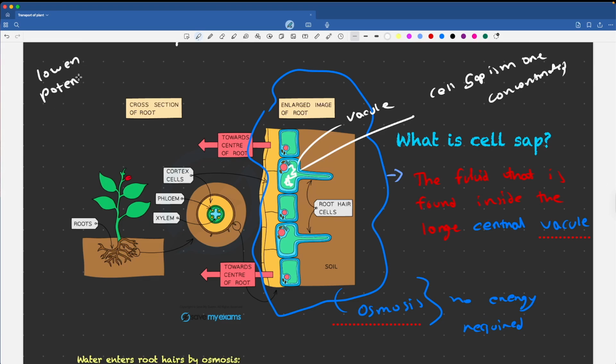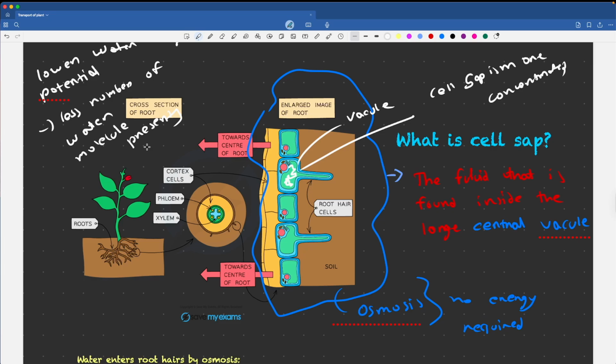Lower water potential actually means there are fewer water molecules present. Just remember that. Isn't this interesting?